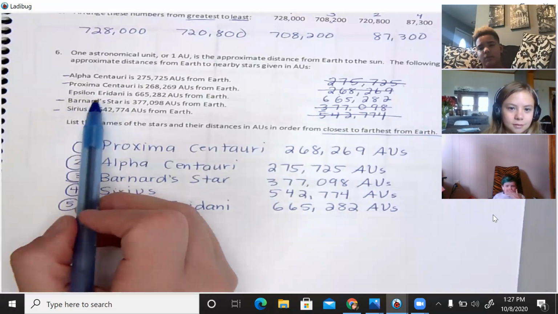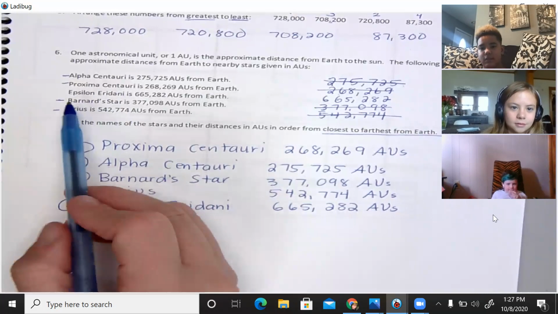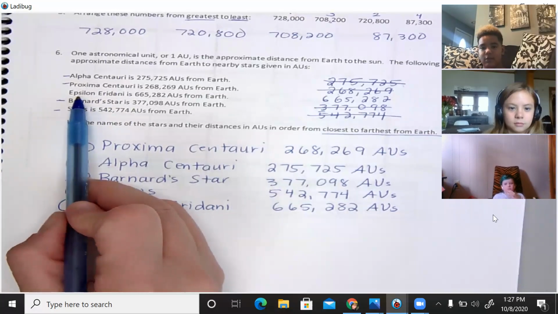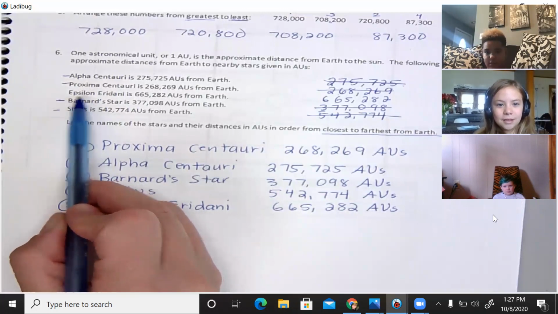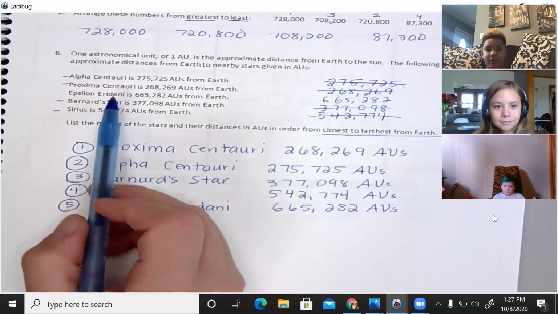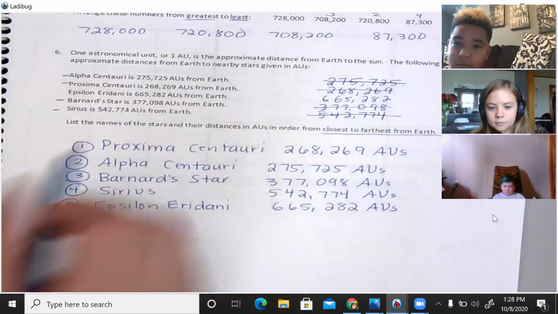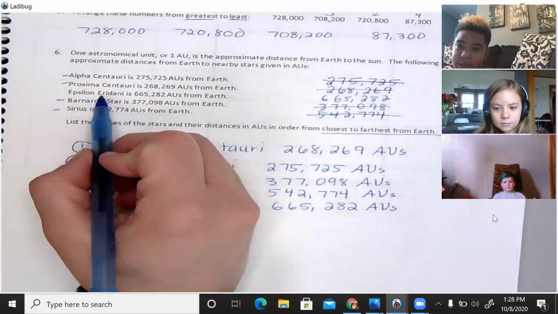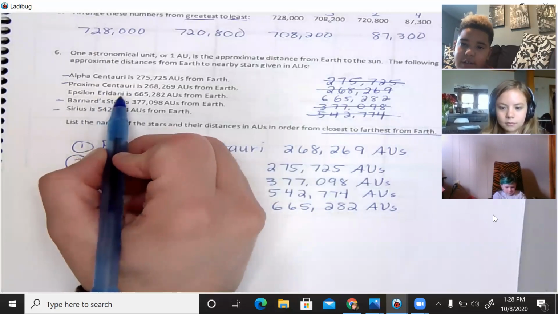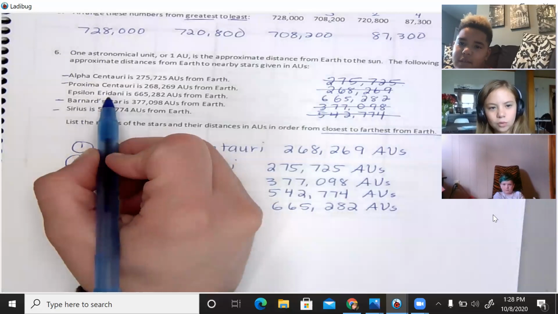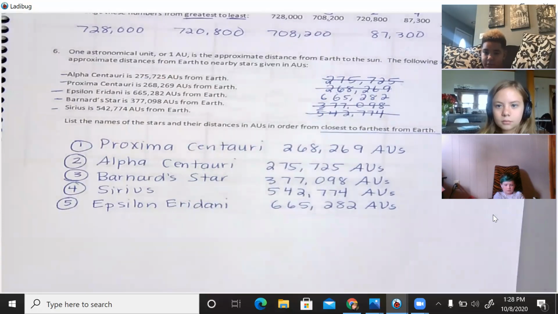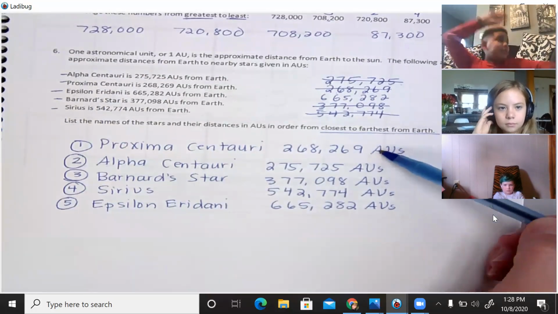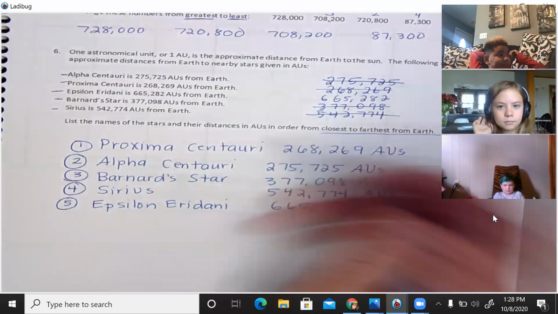They're crazy names, so I don't expect you to know. Epsilon. Epsilon, and then this next one. What sound does ER make? Eridani, or Eridani? I'm not sure how you say this. Okay, so we have each of these stars listed in order from closest to farthest from the sun, farthest from the earth.